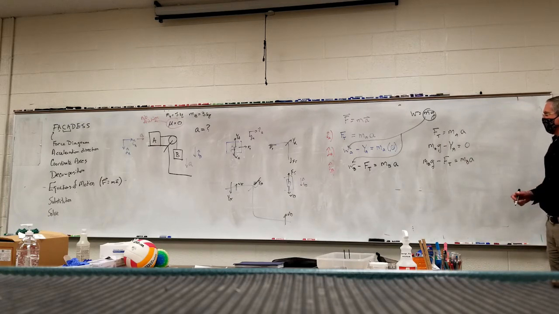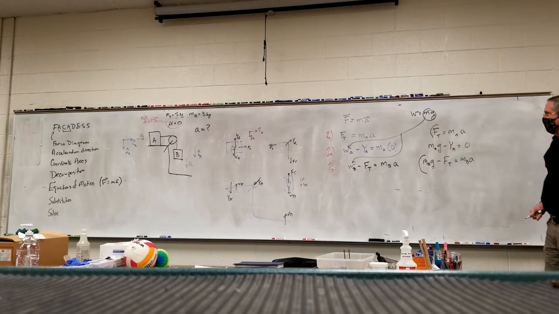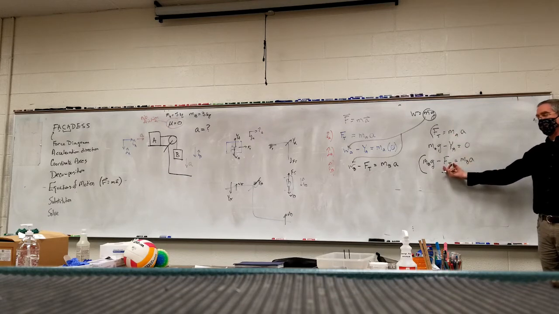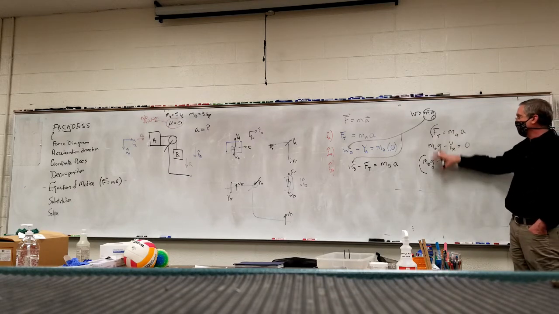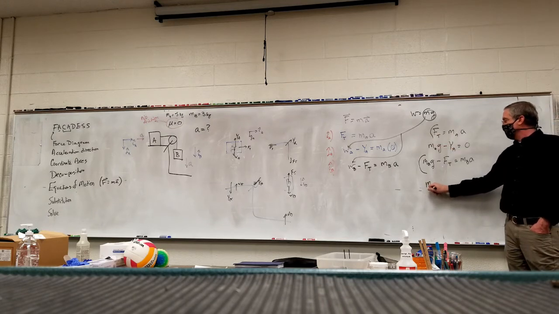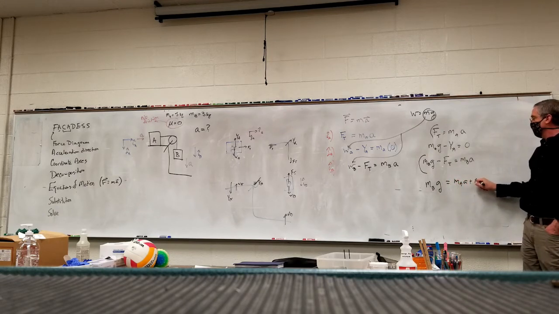So I'm solving for acceleration, and so I've got this equation here, and this equation here, and I'm just going to add them together. I'm going to add the left sides and add the right sides. Or you could substitute MAA in for tension. But if I add them together, I have a negative tension here, positive tension here. So I have MBG, tensions cancel, equals MAA plus MBA.